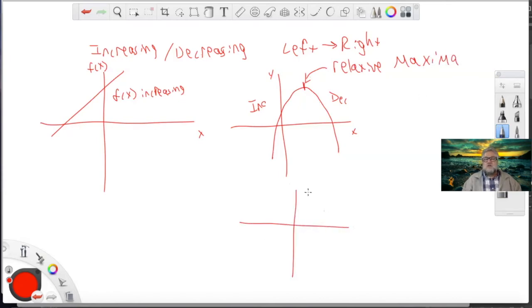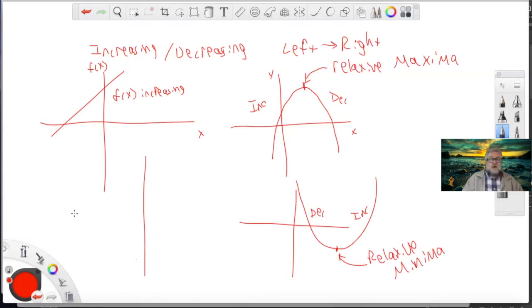And likewise, if it's like this, and we go from decreasing to increasing from left to right, this is referred to as a relative min. Relative minima, that's an N. So being able to identify those on a graph is really important.